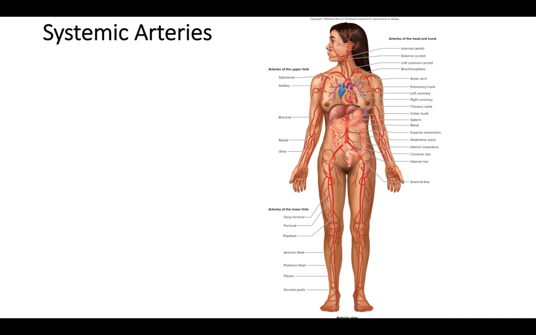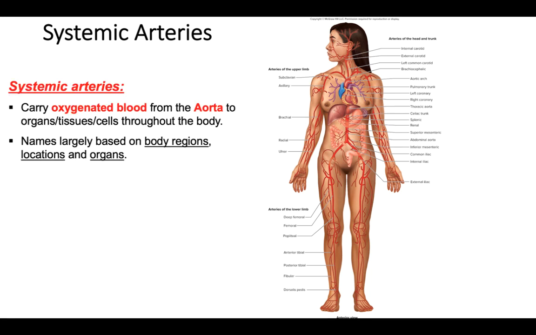And these systemic arteries are all named based on either a body region that it's found in, or a location. Maybe it goes under the clavicle, so we'll name it based on that. Or it's delivering blood to a particular organ. So for example, maybe it's delivering blood to a kidney, so we'll call it the renal artery.